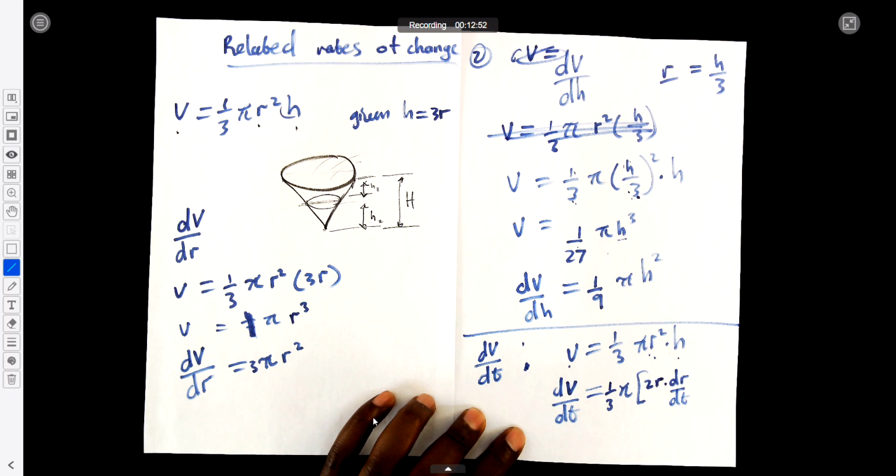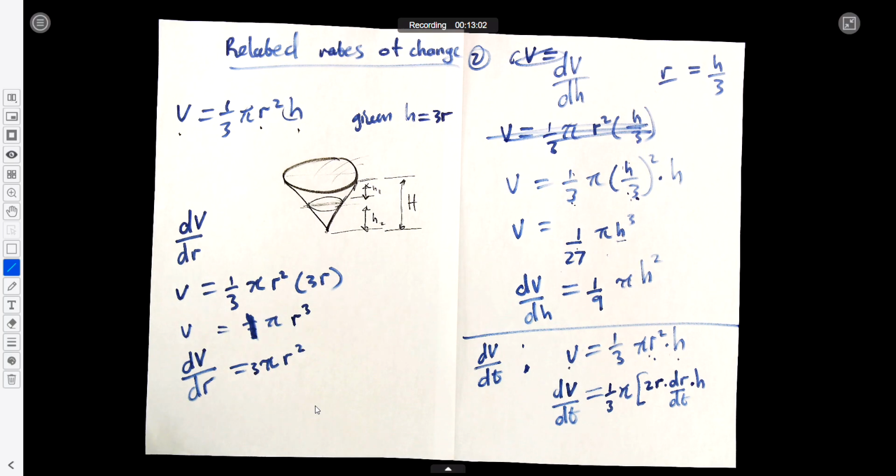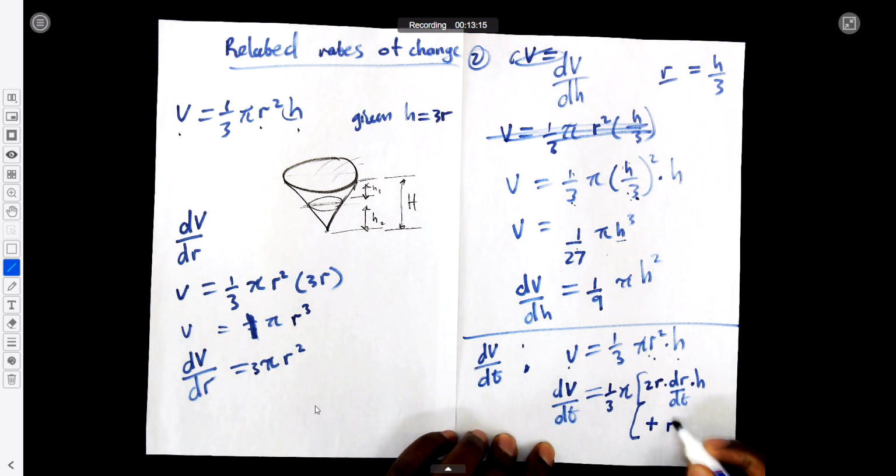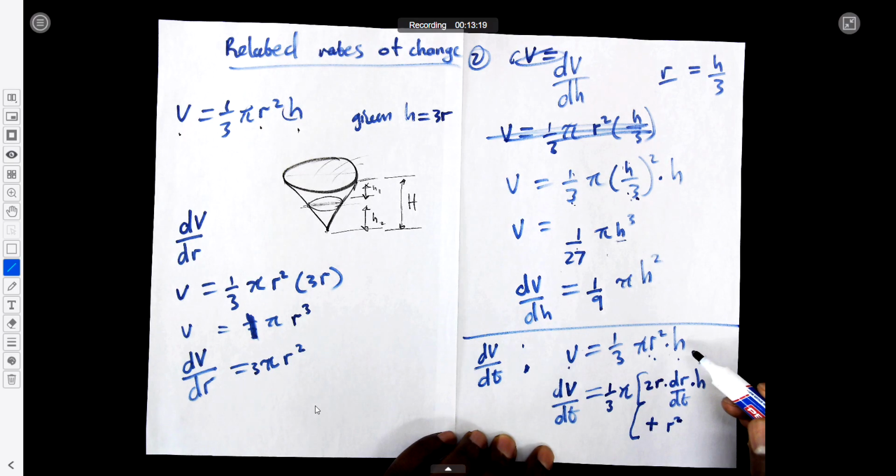And we need to multiply by the second function, which is H. Allow me to put this, though it's not a good way to put it. So it is plus now. In the second term, we are going to multiply by R squared, but we're going to derive H, or change H, in terms of time.